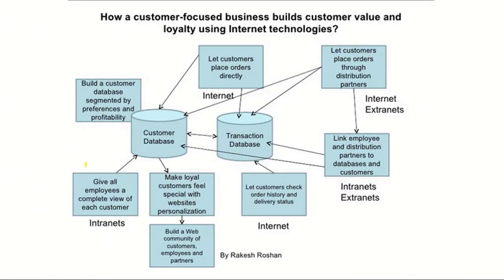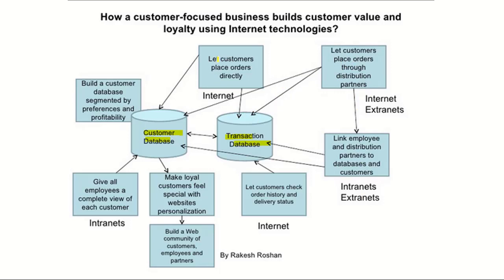So we have here a diagram of how a customer-focused business builds customer value and loyalty using internet technologies. And we have two major databases that must be present. We have the customer database, we have the transaction database, and using the internet or the extranet, we have links there.